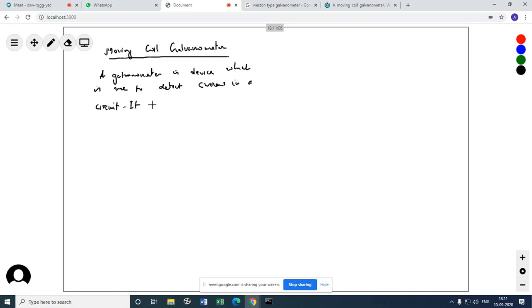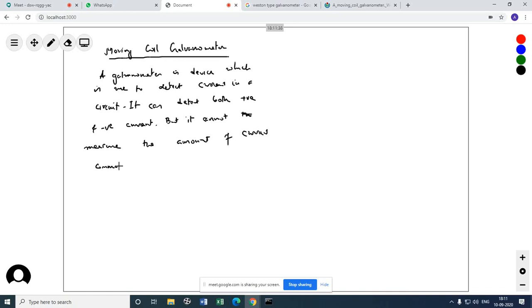It can detect both positive and negative current, but it cannot measure the amount of current. Clear?